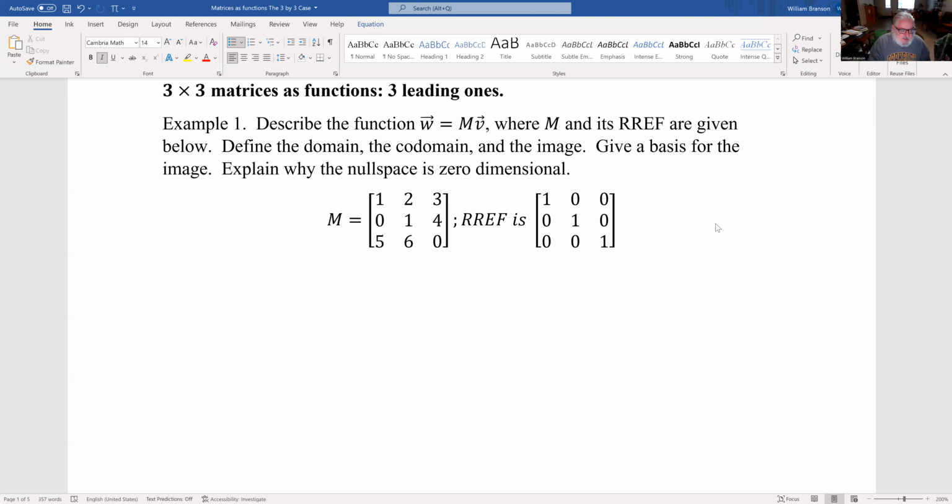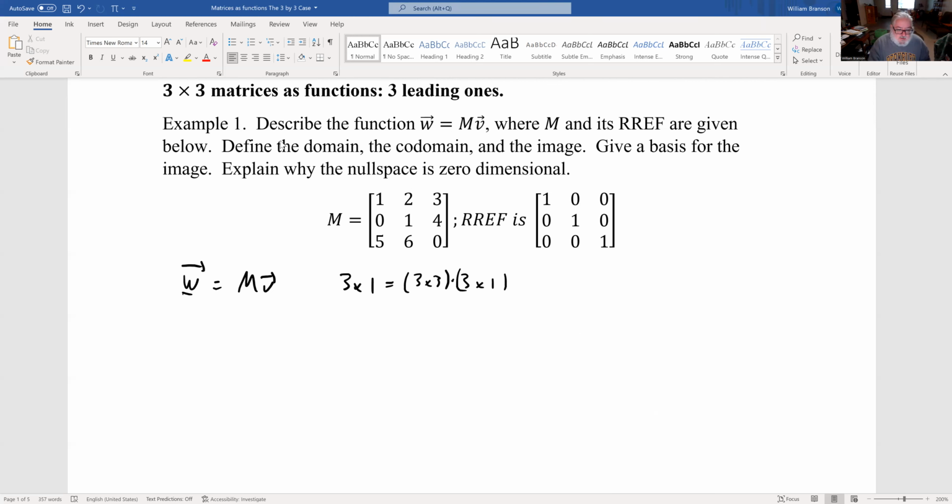So the function is W equals M times V. Right? Our output is a 3x1 vector, and our input is a 3x3 matrix times a 3x1 vector.